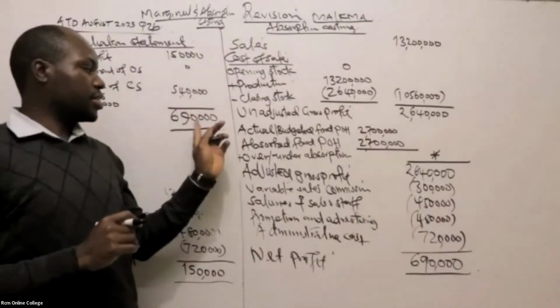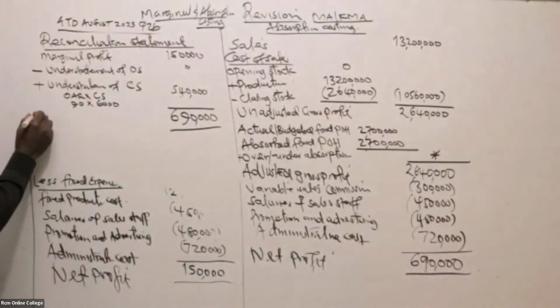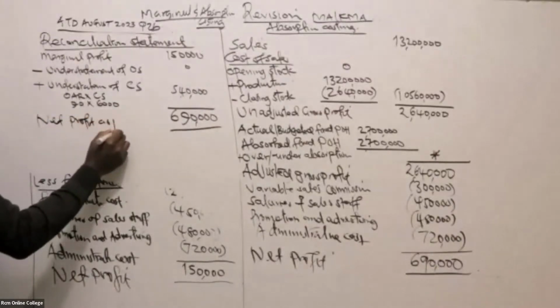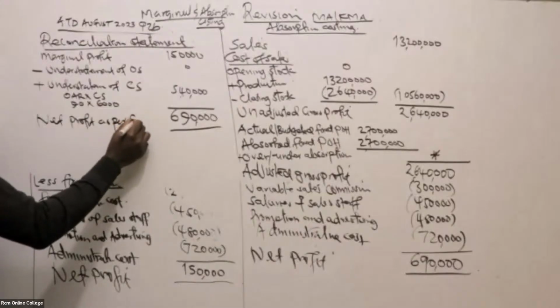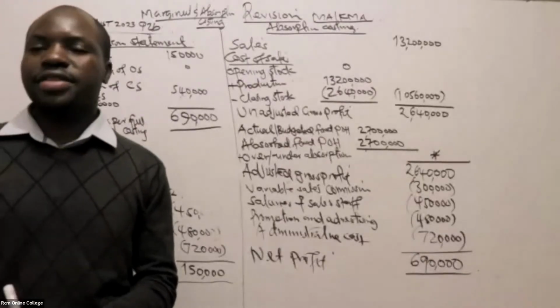Yes, the 690,000 is our net profit as per absorption cost. So net profit as per full costing method. That's how you prepare a reconciliation statement.